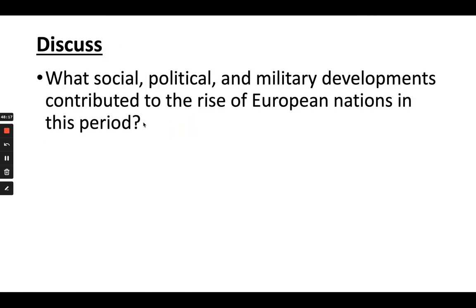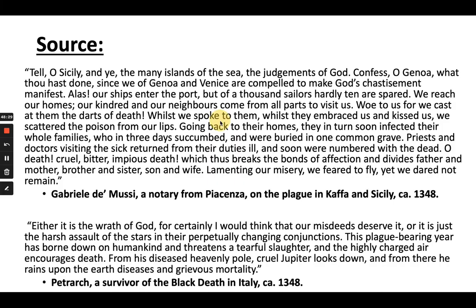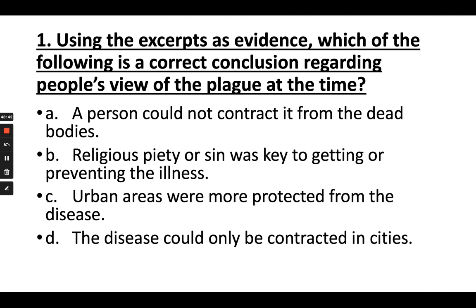Okay. What social, political, and military developments contributed to the rise of European nations during this time period? Let's do a few practice questions. Source-based. Pause it here so you can read your source. Using the excerpts as evidence, which of the following is a correct conclusion regarding the people's views of the plague at the time?